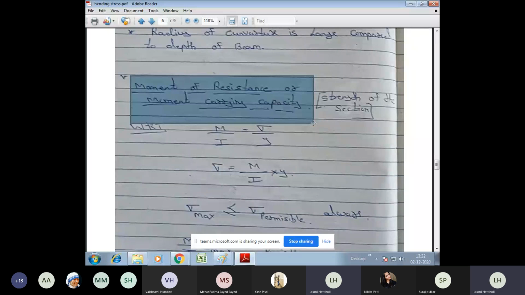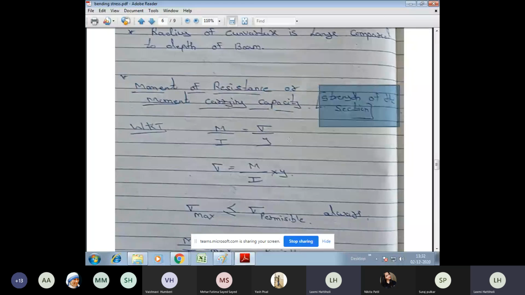Strength is nothing but the resistance to the applied load, correct? That is nothing but the M dash I'm speaking about. So you may get a question in terms of moment of resistance, moment carrying capacity or strength of the section, one and the same.